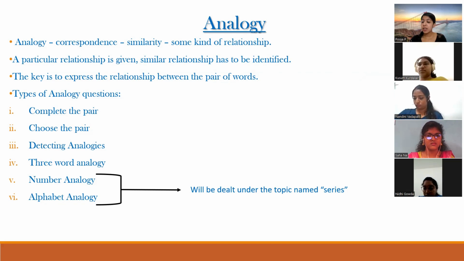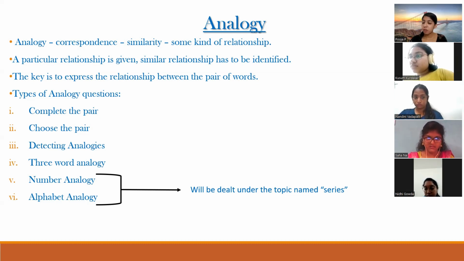Another interesting way is on the series pattern, that is, a pattern of words or a pattern of numbers. Probably a number and its square, or a number and its square root, cube root, or any other such thing. This comes with both numbers as well as alphabets. We will deal with these in depth under the topic called series, so here we'll not be touching those two topics.